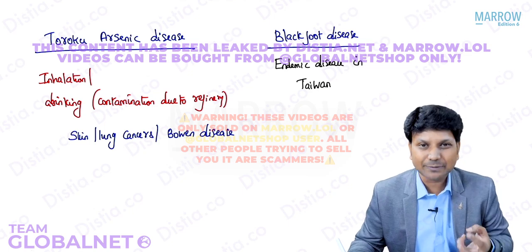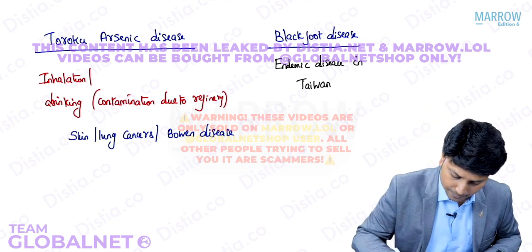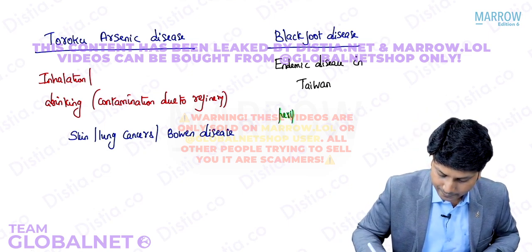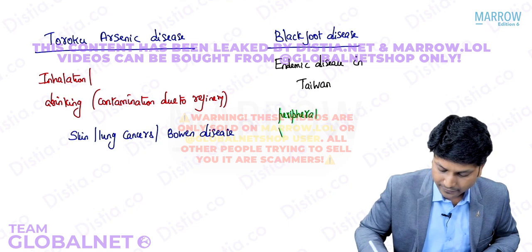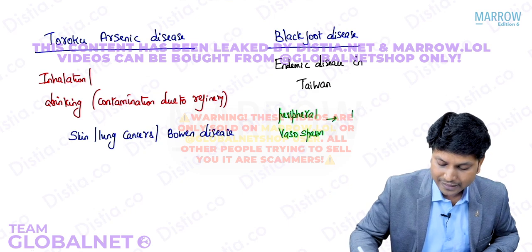Due to drinking contaminated water from an artesian well, they started developing peripheral vasospasm. You know very well, when there is vasospasm, there is peripheral ischemia.